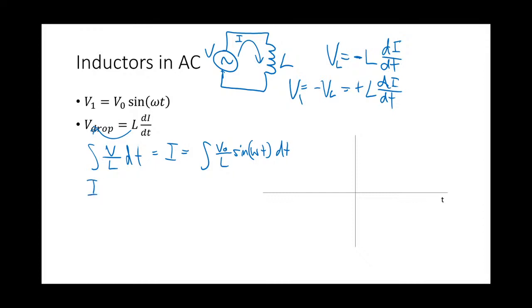And so my current as a function of time will have this constant. Sine becomes negative cosine. And again, chain rule, we put an omega in front. Oh wait, no. Integrating, we put an omega underneath. So again, we're going to have a V that is a sine function.